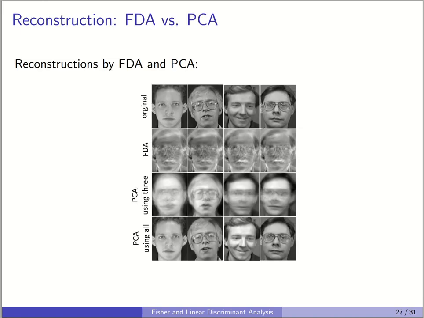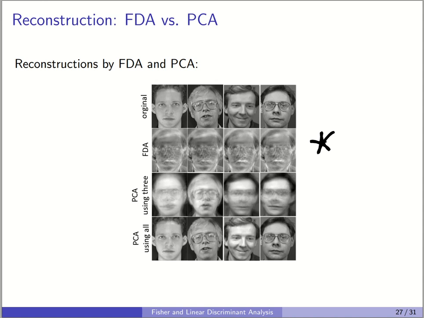And also we can have reconstructions by FDA and PCA. However, reconstruction in FDA is not good because it's not used for reconstruction. Although in PCA, as I explained in the PCA lecture, it is the best linear method for reconstruction, according to its optimization.